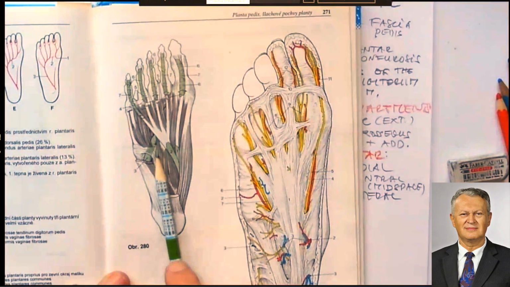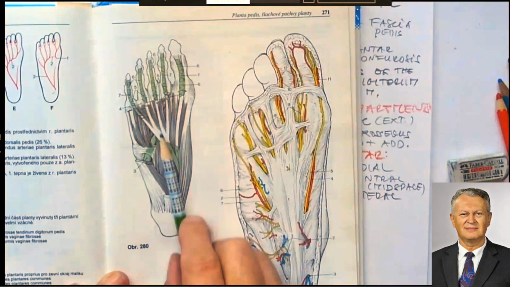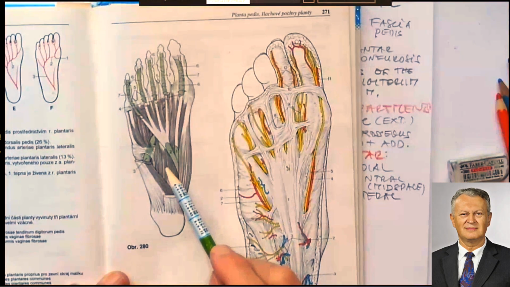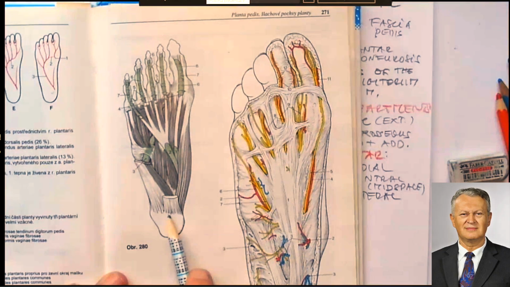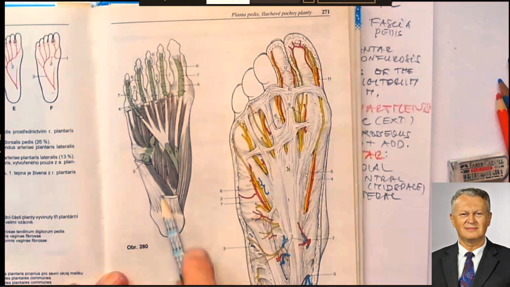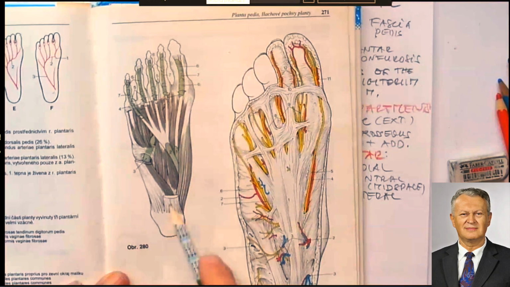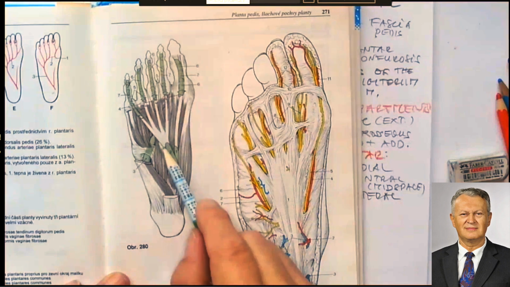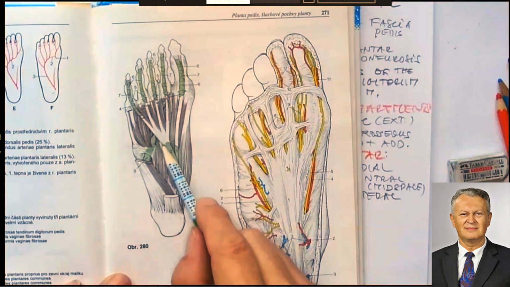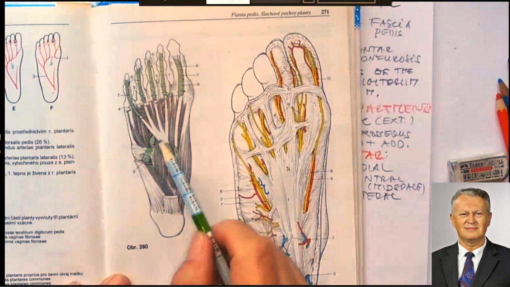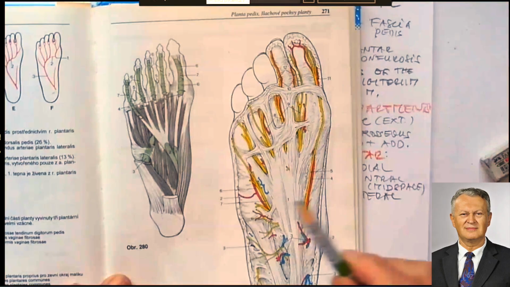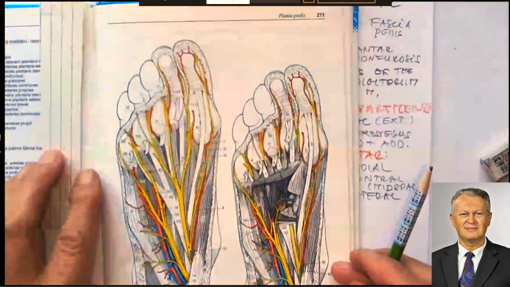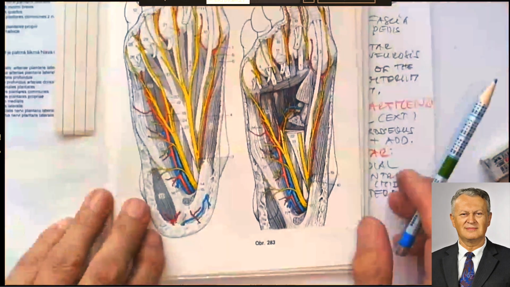As a compensation of this oblique tension, the quadratus plantae plays an important role, which runs distoproximally from the tuber of the calcaneus attached to the lateral margin of this flexor digitorum longus. So it compensates the position and tension in the flexion of this muscle. And here is the last diagram.